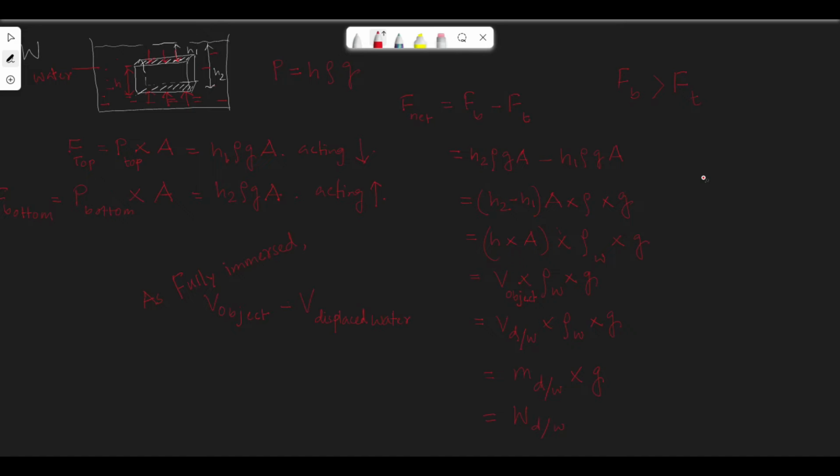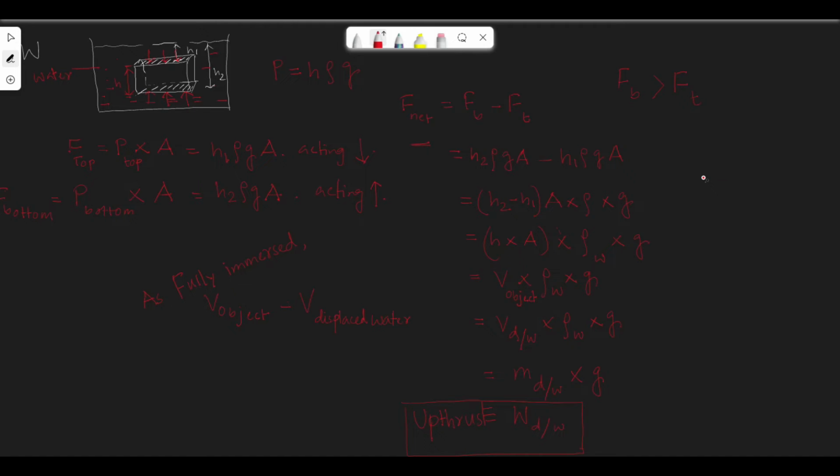Force on bottom is acting in the upward direction. So this net force is nothing but the upthrust, which is always in the upward direction, because force on bottom is acting in the upward direction. So the resultant force acts in the upward direction, and here the upthrust expression that we got as the weight of the displaced fluid, this is Archimedes' principle.